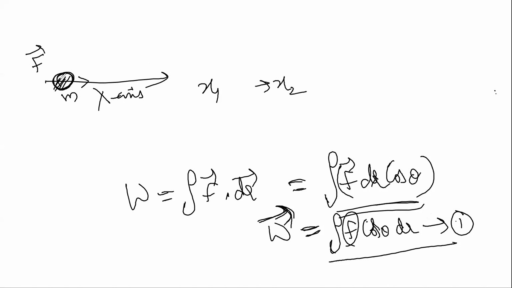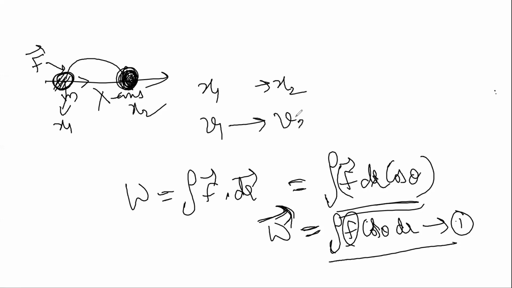Because of this force, the body is initially at x1 and gets displaced to position x2. Let us think that the velocity of the body increases from the initial v1 to v2.